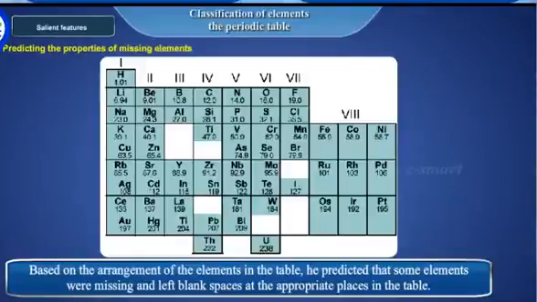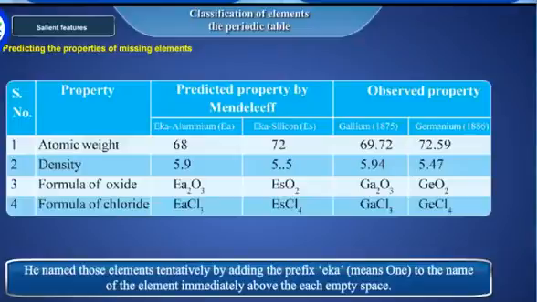Predicting the properties of missing elements. Based on the arrangement of the elements in the table, he predicted that some elements were missing and left blank spaces at the appropriate places in the table. He named those elements tentatively by adding the prefix eka, which means 1, to the name of the element immediately above each empty space.